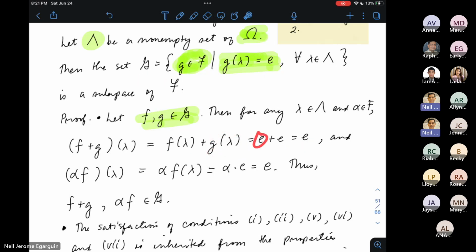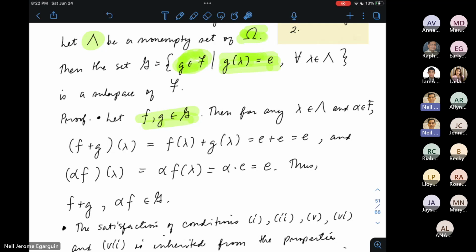Kasi nga ito ay additive identity under some vector addition. So that will be e. So that means f plus g ay na kay G din. Kasi ang function value ni lambda ay equal rin kay e, which is the requirement for functions to be in capital G. Okay? And then scalar multiplication naman.